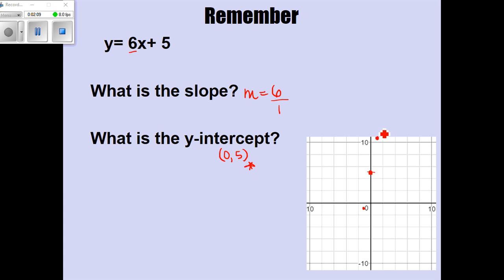Okay, and then we would sketch a nice line between all the points, and that would be our graph. Okay, so that's what we've done.